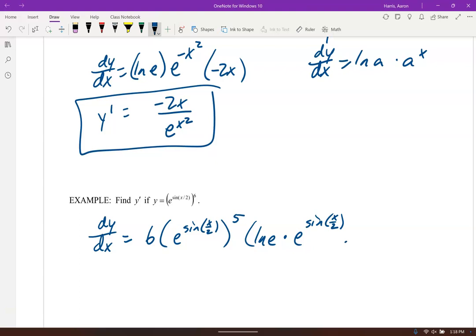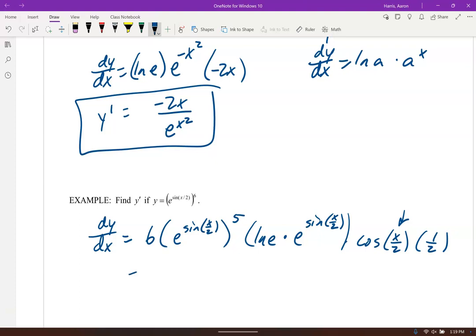And then we've got to take the derivative of the sine x over 2, which is cosine x over 2. And then we've got to take the derivative of 1/2 x, or x over 2, which is just 1/2. Right? I'm taking the derivative of that inside as well.